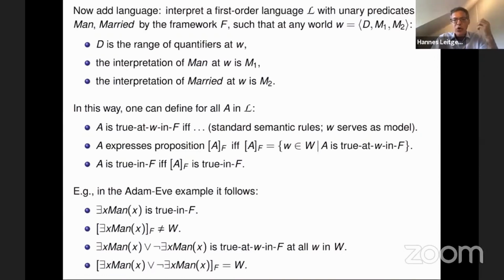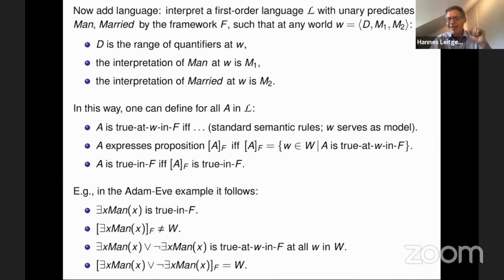And finally, you call a sentence true in the framework, not true at a world in a framework, but just true simpliciter in a framework, just in case the proposition it expresses is true in the framework. And truth for propositions, I have already explained on the previous slide.